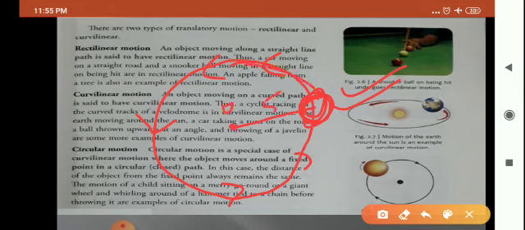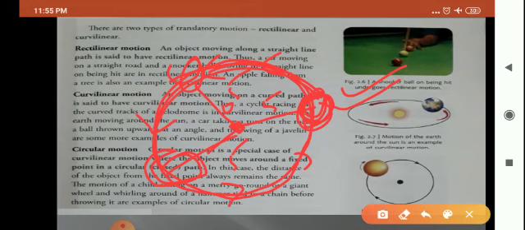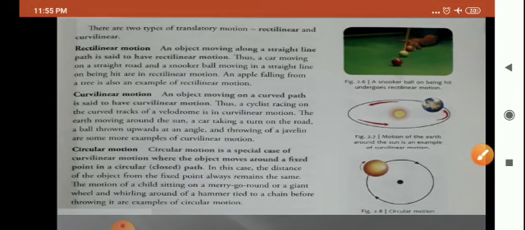When the object comes here, the distance will remain the same, that is 5. Here also the distance from the fixed point O will remain 5. Means the distance of the moving object along a circular path from the fixed point always remains the same. So there is a slight difference between curvilinear motion and circular motion.